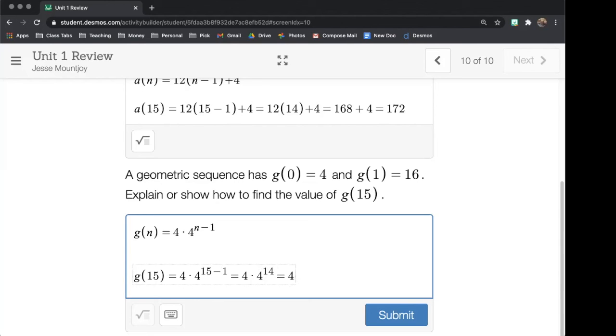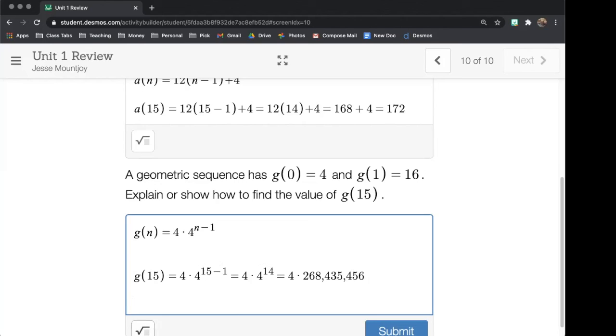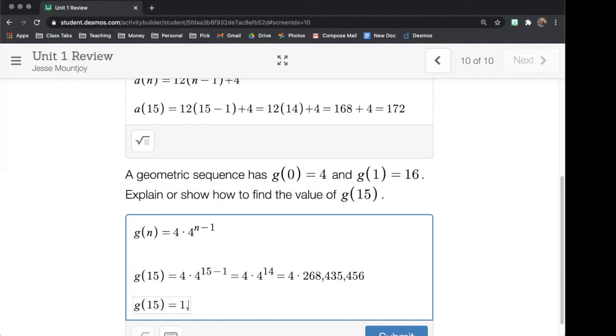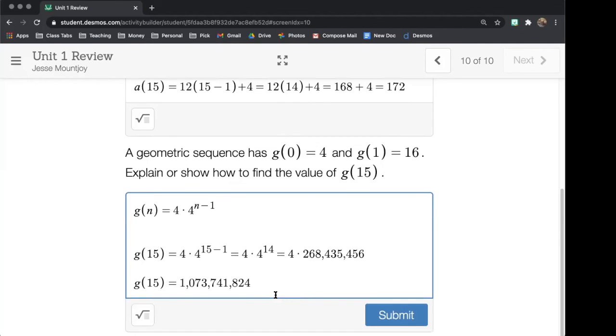So we get 268,435,456. Very big. And I have that 4 out front, so I want to multiply it. That gives me my value of g of 15 after I do all the calculations together, which is equal to 1,073,741,824. So that's how I would calculate g of 15.